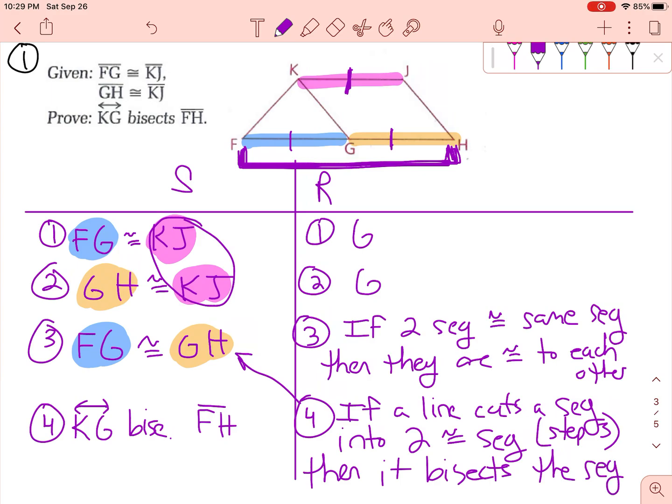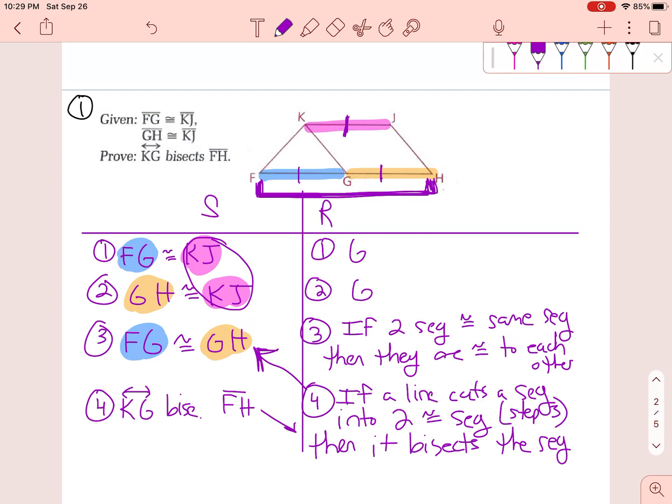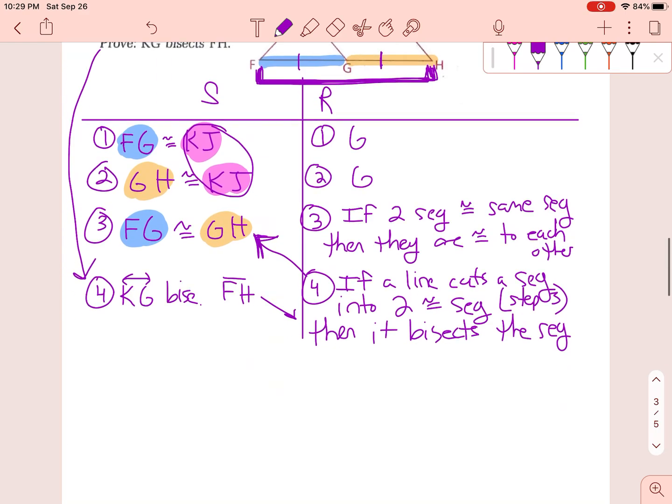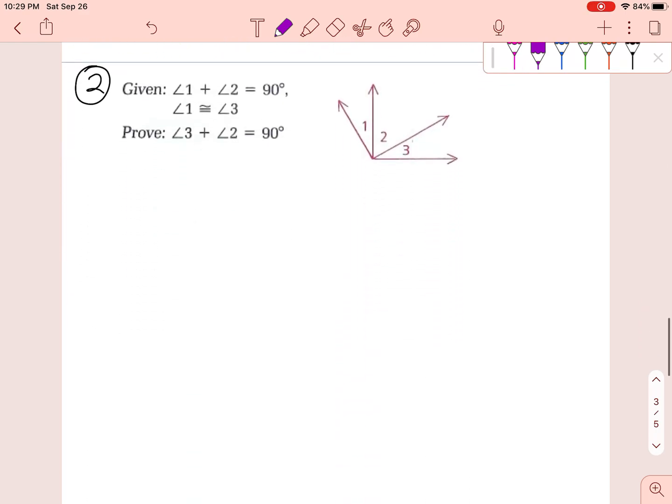And that is from step 4. Okay, the if is from step 3, the then is from step 4. And you're finished. You proved what you needed to prove. Okay, your last step is always what you're trying to prove. Let's try the next one.